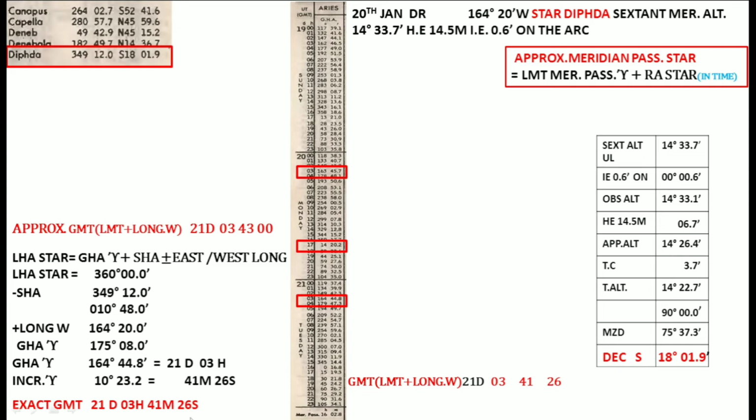Now this exact time, here, is quite close to whatever is given here. By coincidence it's quite close, but you can get quite a lot of difference when you're finding the approximate time by using this equation. So you need not bother if you find that the minutes are changing quite a lot.